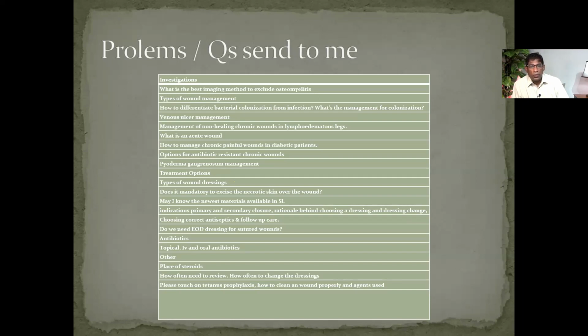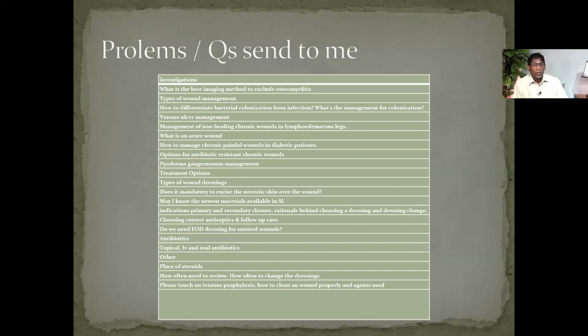How to, all right, options of antibiotic resistant chronic wounds. The rotational dressings is used in these kind of patients, right? So I use hypertonic saline, betadine, acetic acid, and Milton solution in some cases.